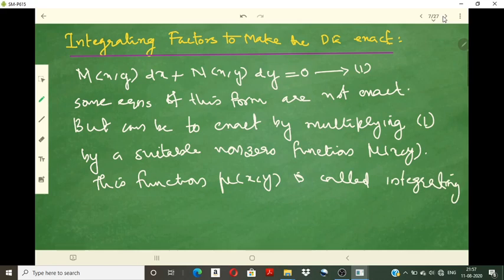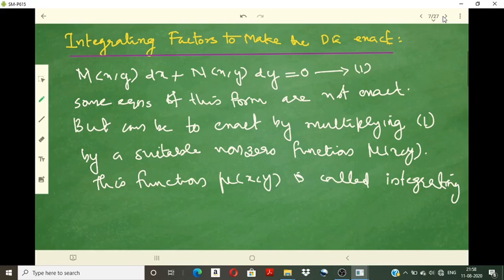We have already discussed the method of multiplying an equation by an integrating factor for solving linear first order differential equations. In the same way, here the functions M and N are functions of x and y.